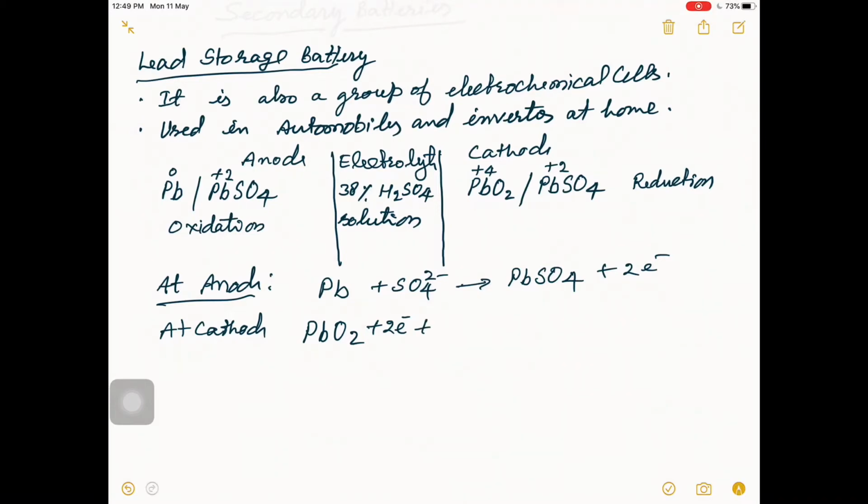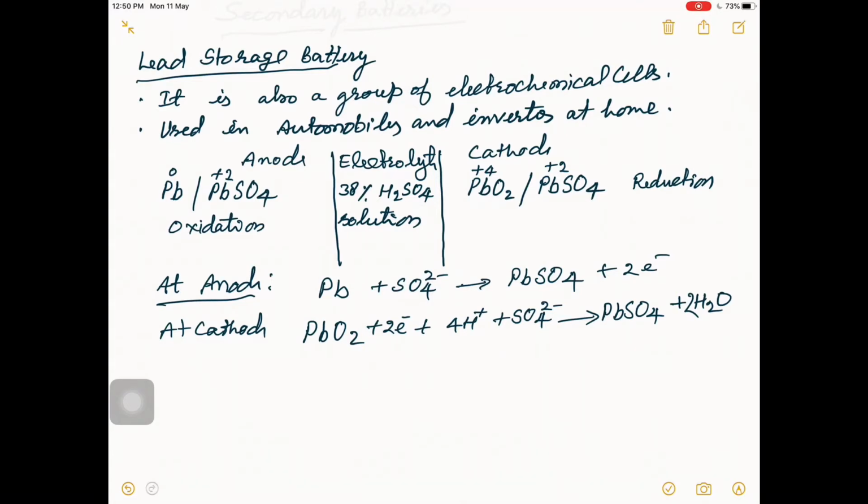Sulfuric acid will be in ionic form, hydrogen ion and sulfate ion, and this will reduce into PbSO4, and water will form. If we balance, then this will become like this at the cathode reaction.